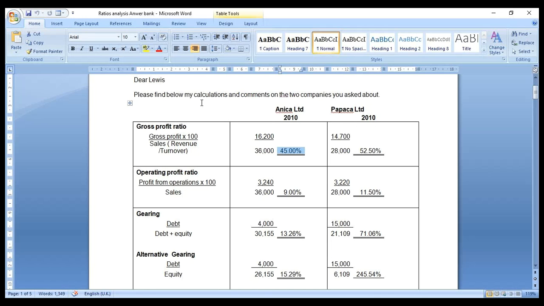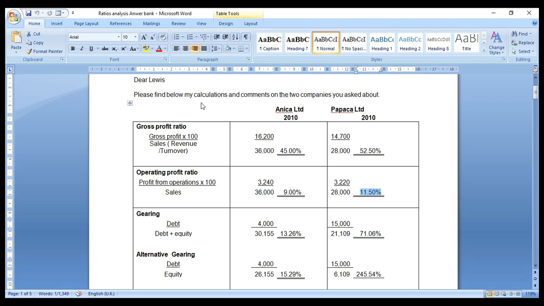But if we look at operating profit, which comes after all the expenses, not direct costs only, this has 9% operating profit and this has 11%. So still Papika is better than Anika.